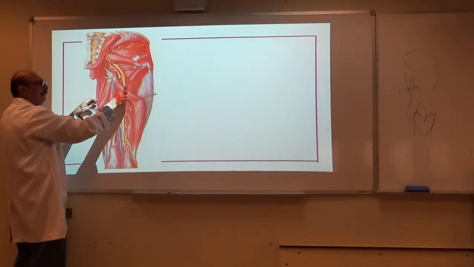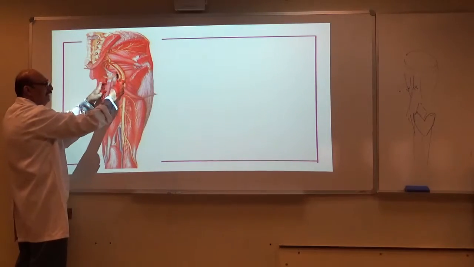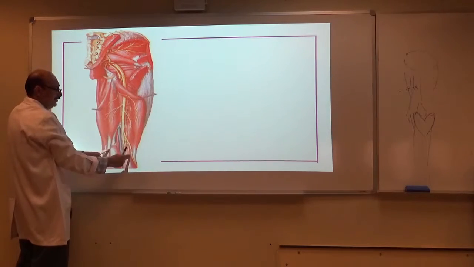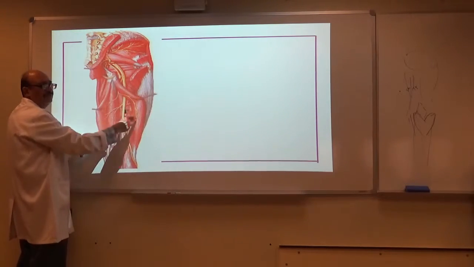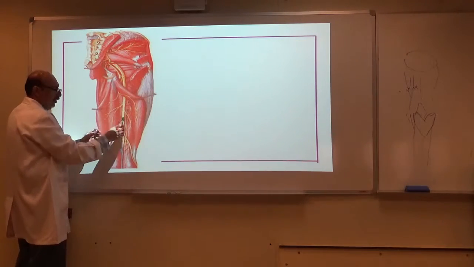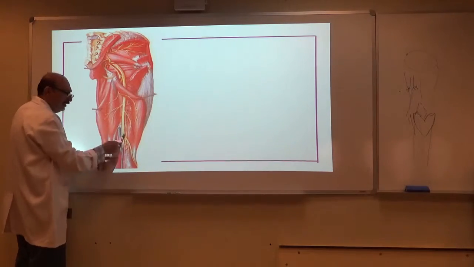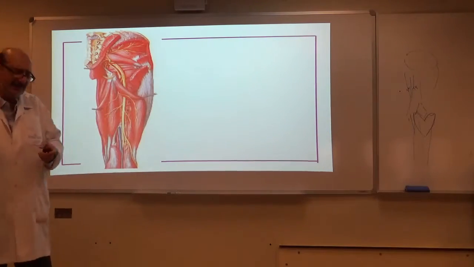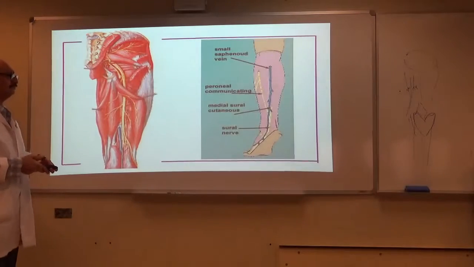It is crossing in the middle of them, and then it goes down until it reaches the upper angle of the popliteal fossa, where it divides in two: the common tibial and the common peroneal. Clear? Yes. I am repeating many things just to reinforce the knowledge.